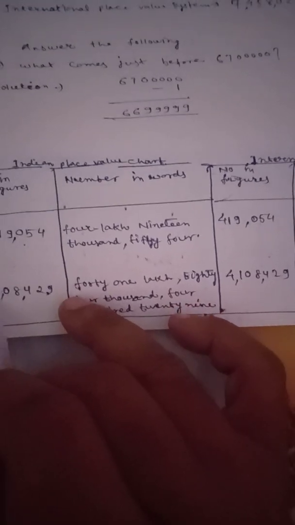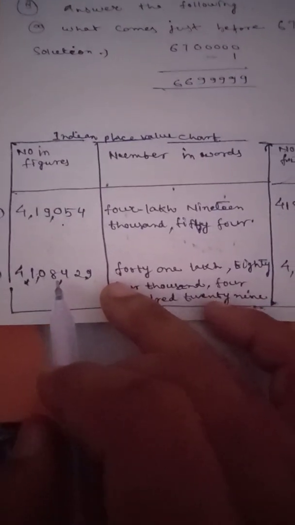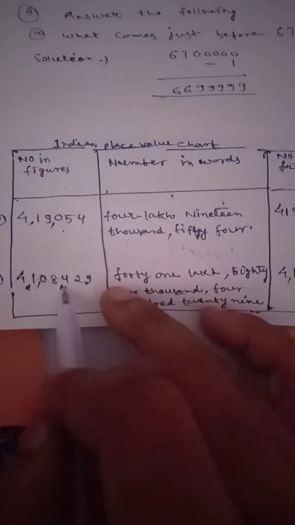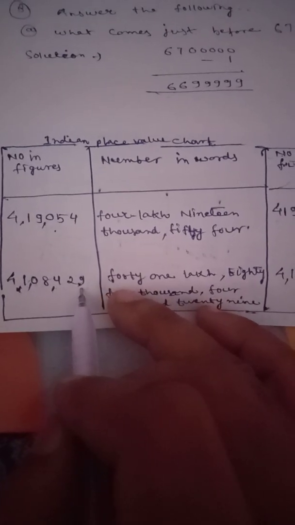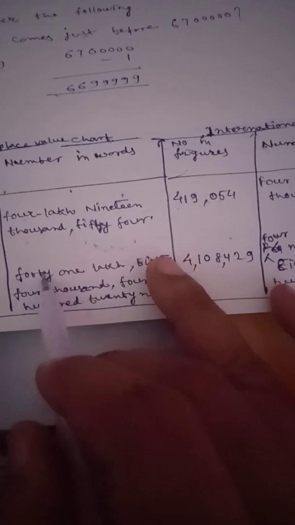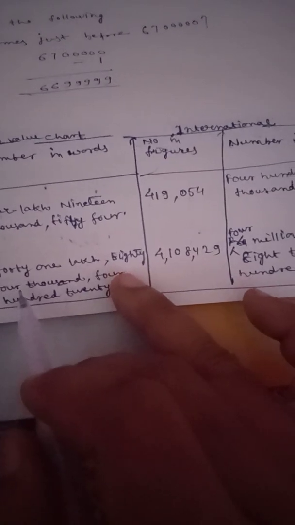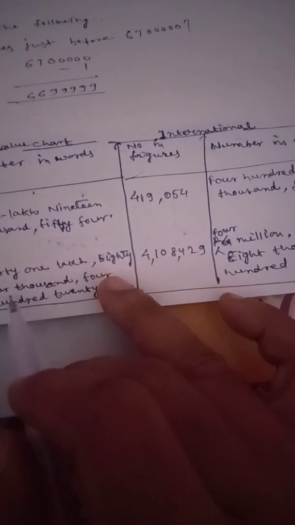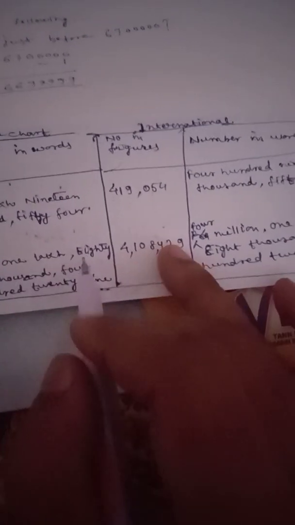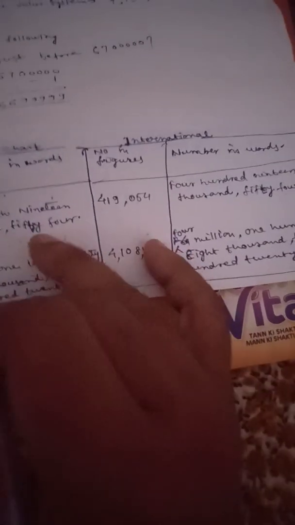Now the number 41,08,429. We write this number in words: 41 lakh 8,429.